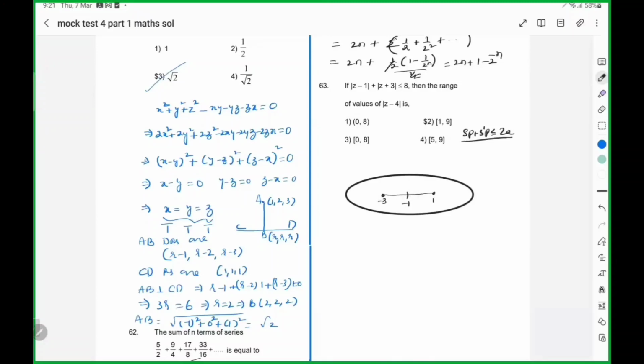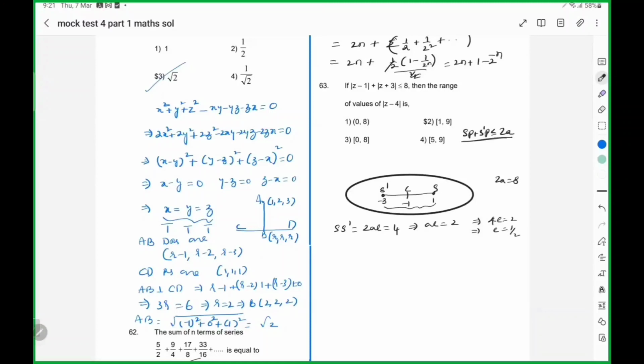Now this is the center, this is one focus and this is the other focus. SS dash is 2AE, which is 4, so AE is 2. If you consider 2A as 8, A becomes 4 and E is 2, so E is half.